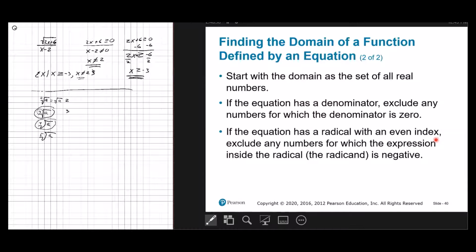3 is the square root of 9, because 3 times 3 is 9. So 2 is the cube root of 8, because 2 times 2 times 2 is 8. 3 is the cube root of 27, because 3 times 3 times 3 is 27. 4 is the cube root of 64, because 4 times 4 times 4 is 64.